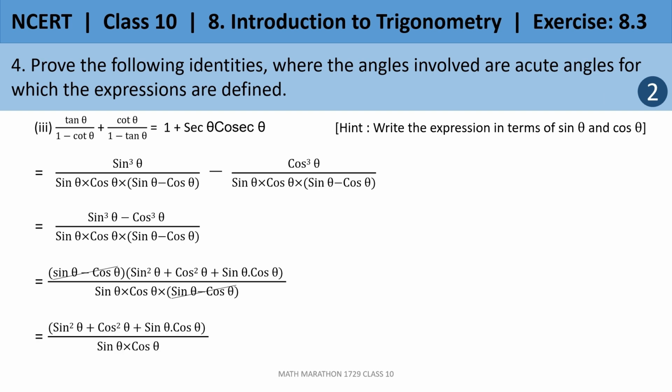Is equal to sin square theta plus cos square theta plus sin theta multiplied by cos theta by sin theta multiplied by cos theta. We know that sin square theta plus cos square theta is equal to 1.